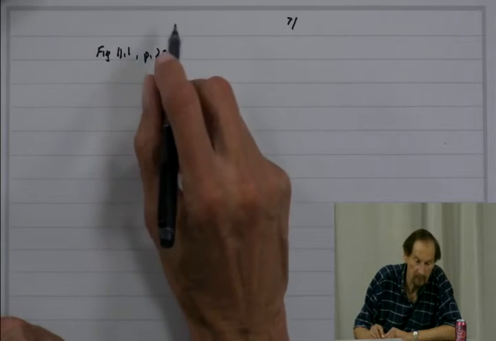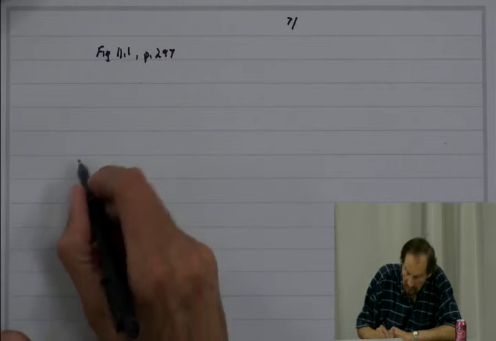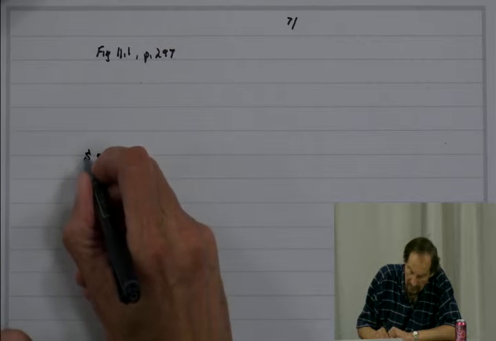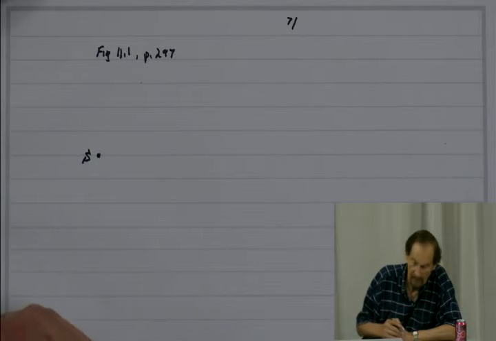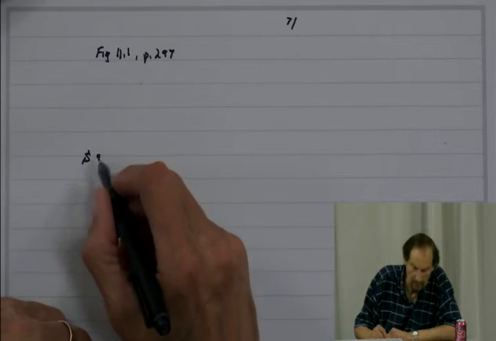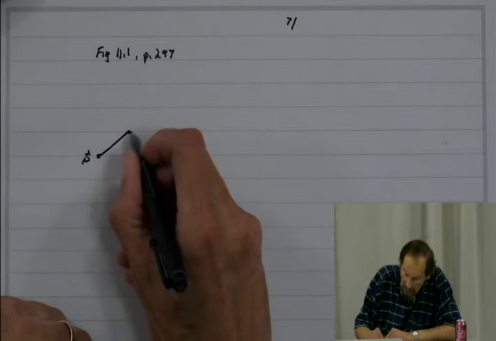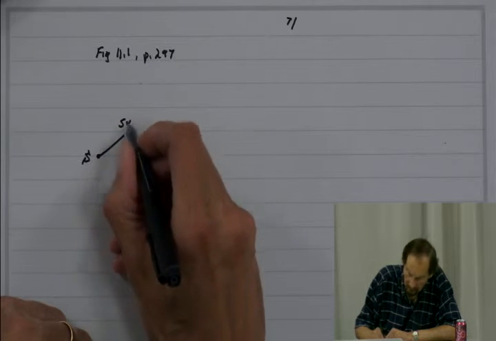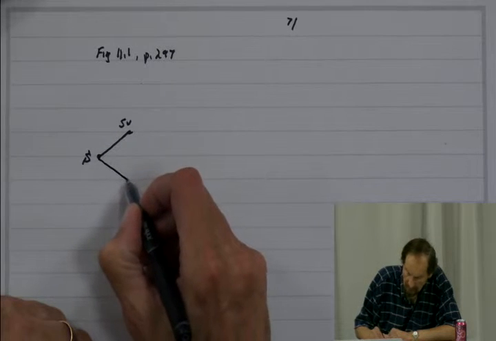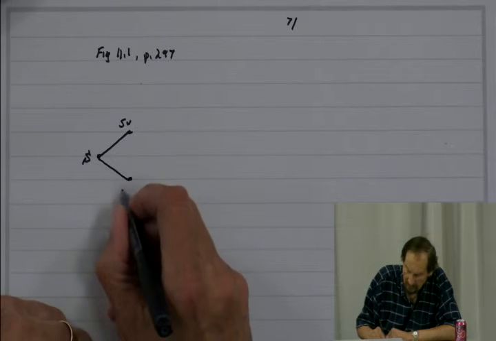So let's start off with a stock or asset that has a price S. Then the price can go up in one period to SU. Or that price could go down in one period to SD.